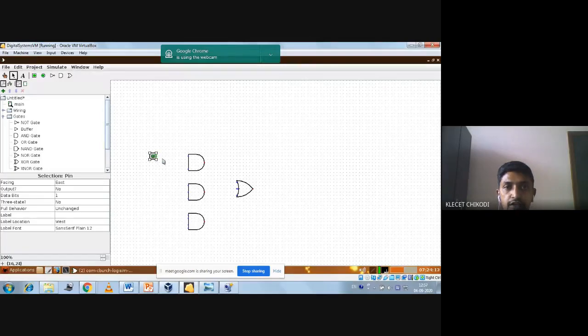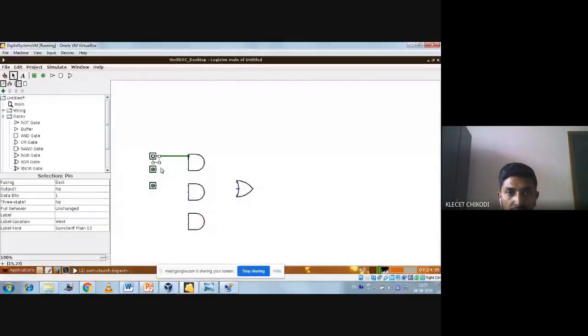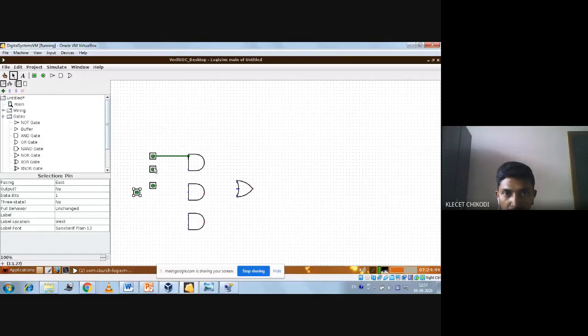So this is a 2 input AND gate. Fine. I hope this is visible to all. Anybody just unmute your audio and tell me.